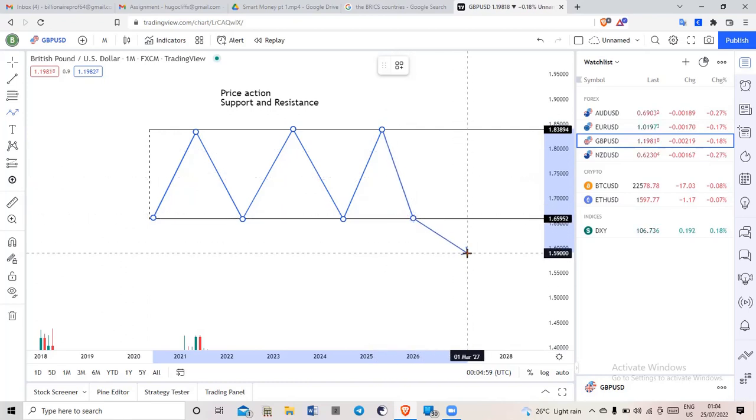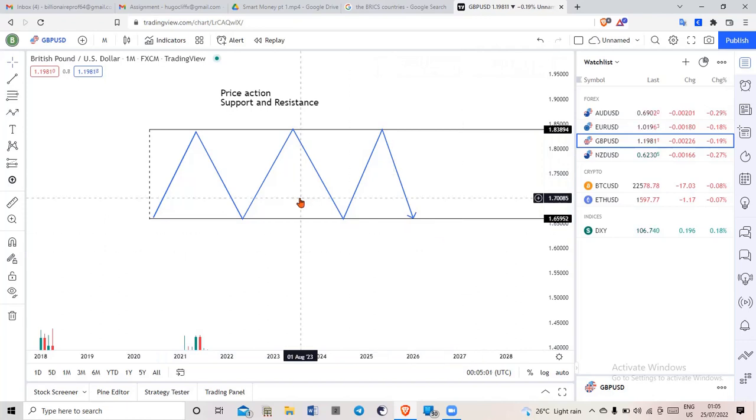So now, in as much as this stays in this range, which obviously is a range because we have the high and the top, this area is depicted as a support. Why?